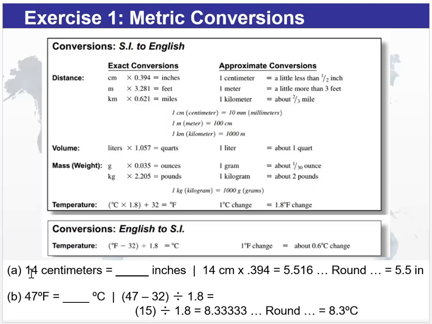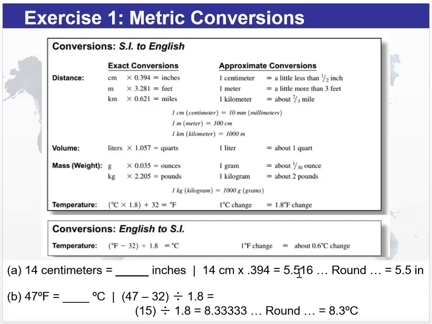So we come back down here and plug that in: 14 centimeters multiplied by 0.394 gives us the correct amount of inches, which is 5.516 inches.